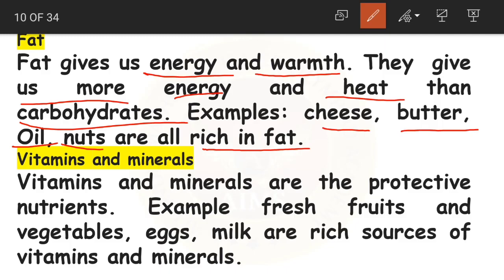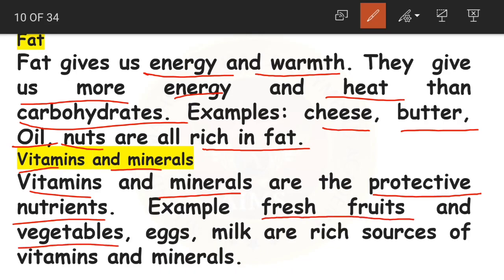Okay, children. And the other one is vitamins and minerals. Vitamins and minerals are the protective nutrients. They are going to protect us from diseases. For example, fresh fruits, vegetables, eggs, milk are a rich source of vitamins and minerals.